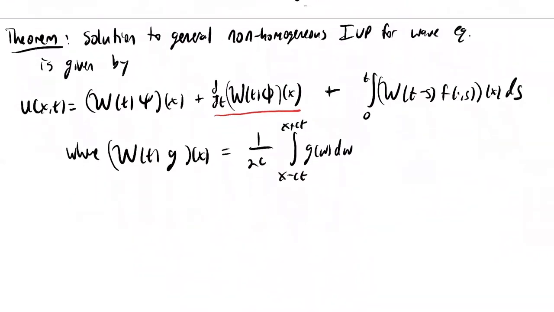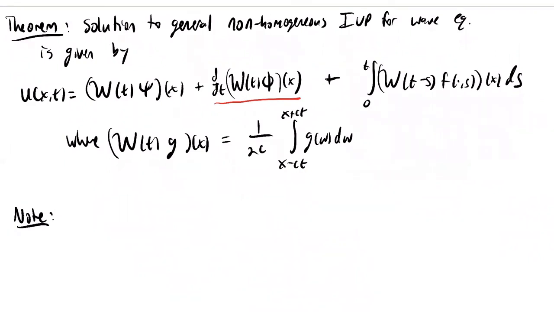One more point to make, and then we'll be done for today. I'm going to write out what this is, and I think you should pause the lecture after I write it out and double check it yourself as practice to get used to these types of formulas. I claim that the first two terms are just the D'Alembert formula, right?